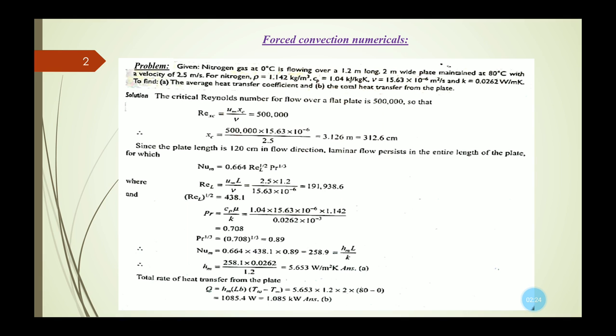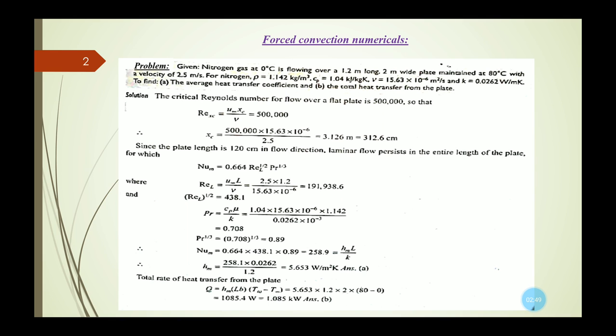For nitrogen, the density is given as 1.142 kg per meter cube. Cp is given as 1.04 kilojoule per kg Kelvin. Then the kinematic viscosity is given as 15.63 into 10 to the power minus 6 meter square per second. And thermal conductivity is given as 0.0262 watt per meter Kelvin.